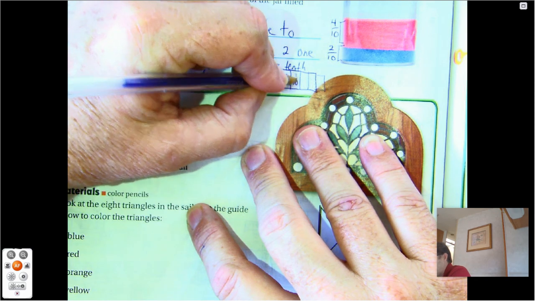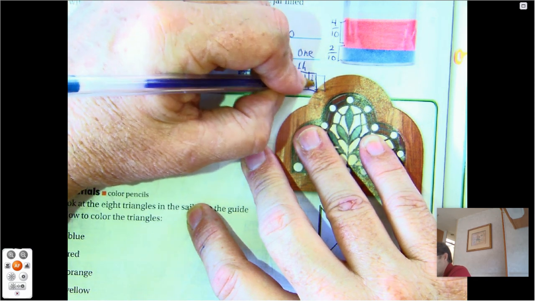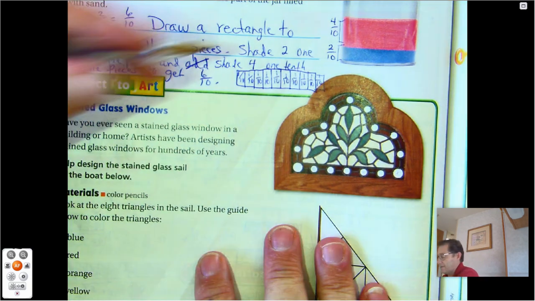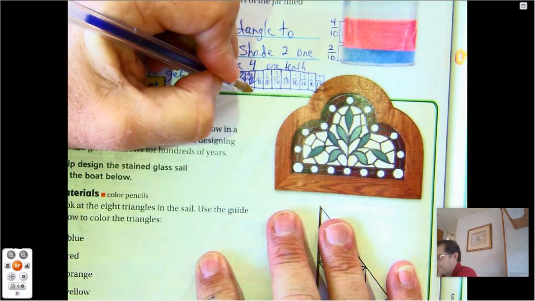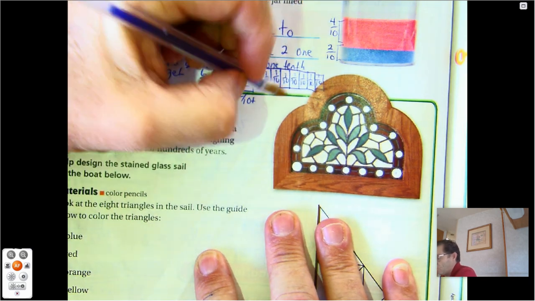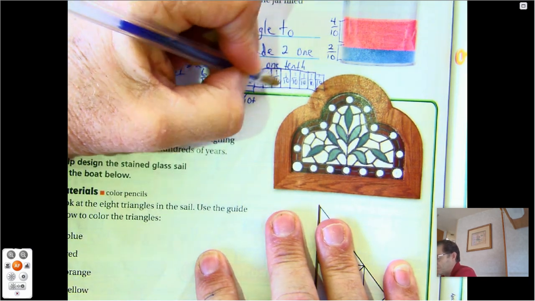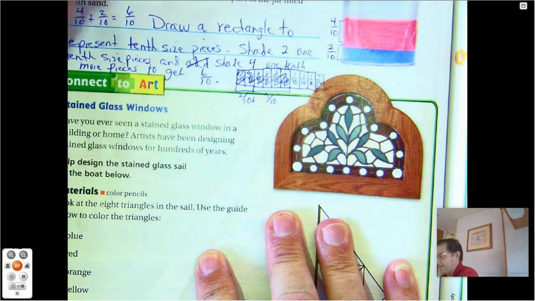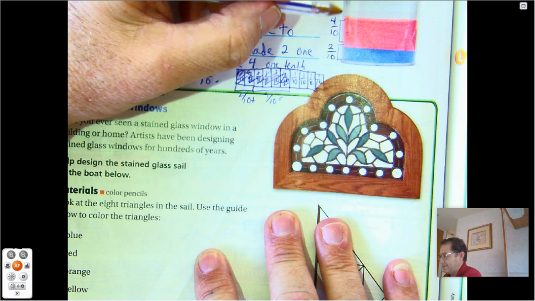Okay. So we have tenth-size pieces. I would have 2/10 that would represent the blue, and then I would shade 4 more to represent the pink, and that would give us 6/10 shaded.